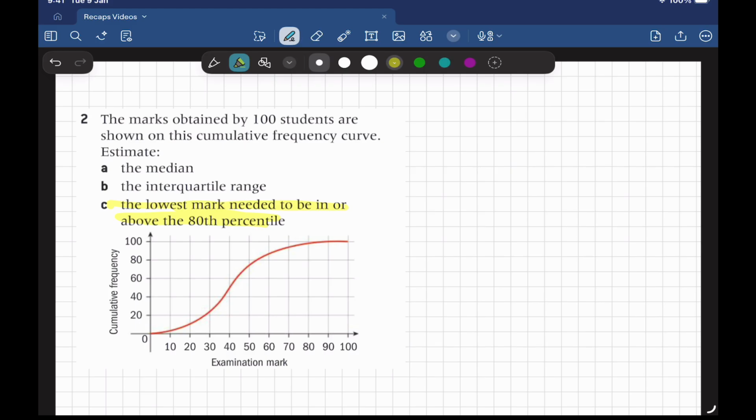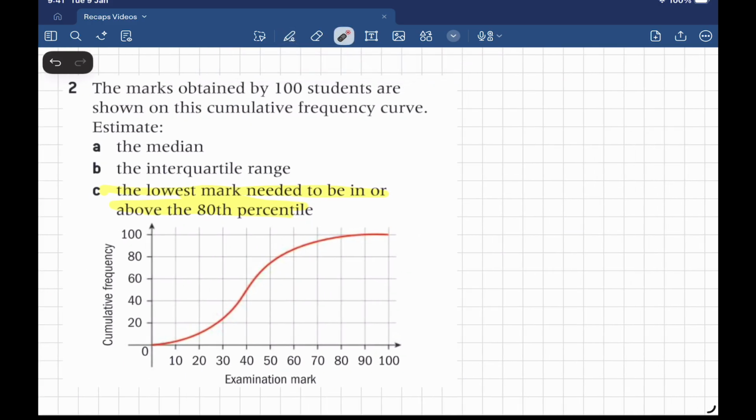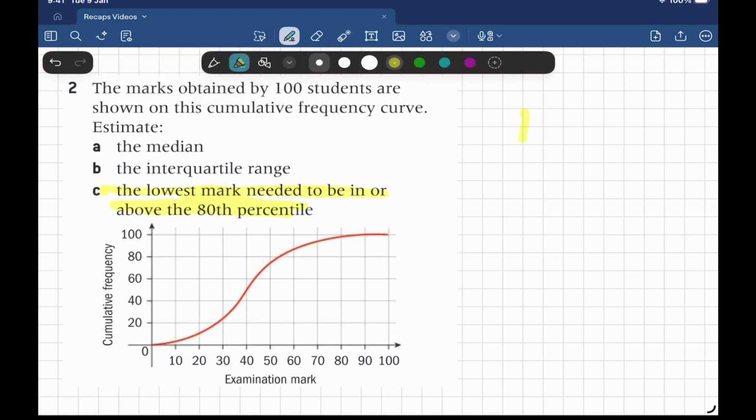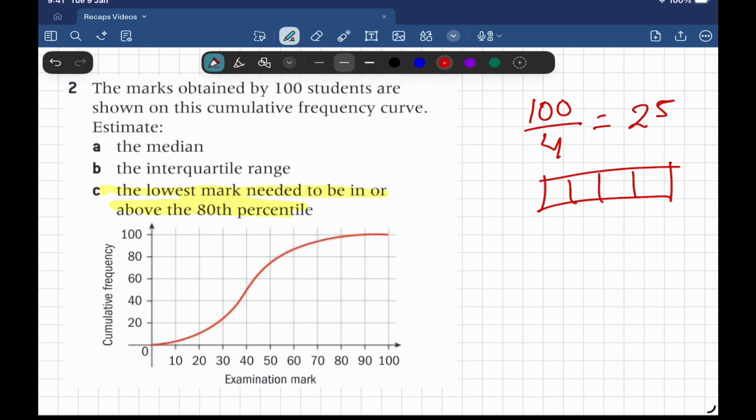Okay, so how? Pay attention, guys. First, we are going to take the maximum, or the end of the curve, the maximum cumulative frequency, which is 100. We take this 100 divided by 4, and this is 25. This means that every quartile has 25 units vertically.